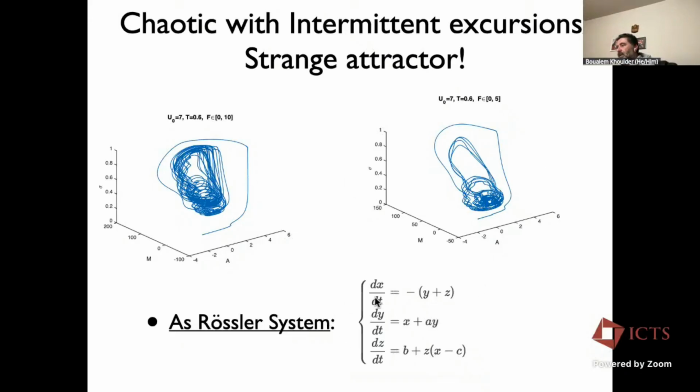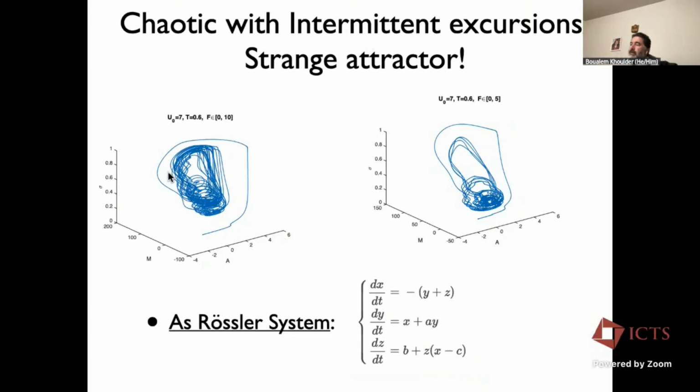So the solution just oscillates here, turns around, and then from time to time, it makes an excursion up and then comes down. That's what it does. This is when F is from 0 to 10, and this is F varying only from 0 to 5. If you make F too strong, then you get much more frequent excursions.